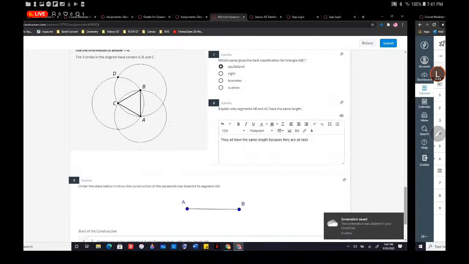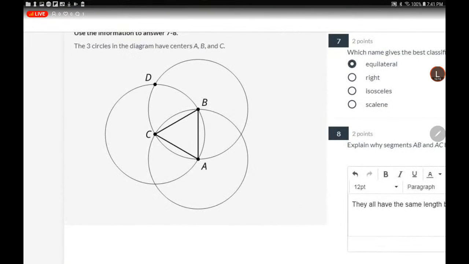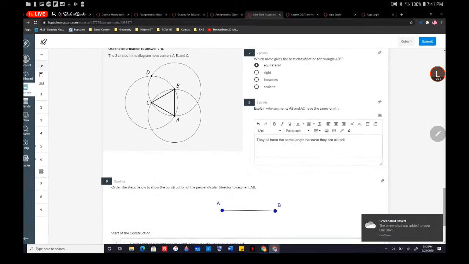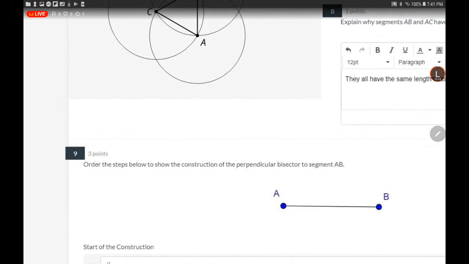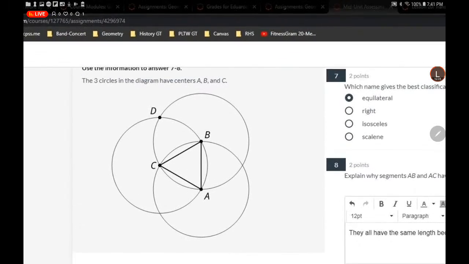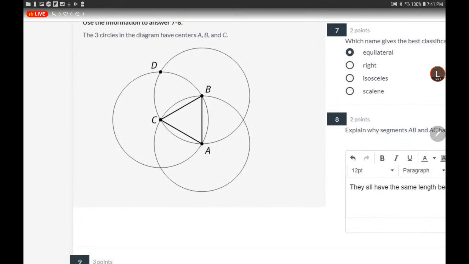So let's look at the last one. 3 circles with center A, B, and C. So let's see. Okay, so they all have the same radii. And what are we trying to find out? 7, oh, I see.